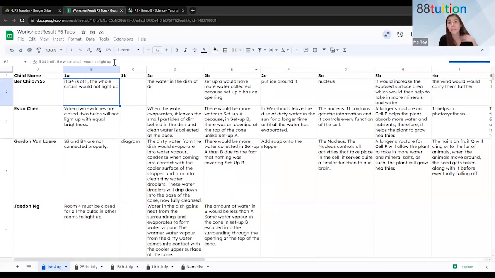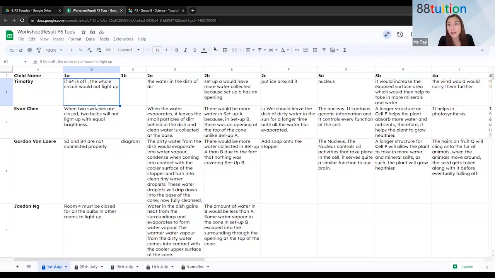Can you see? Okay, Timothy says if S4, which is switch 4, is off, the whole circuit would not light up.